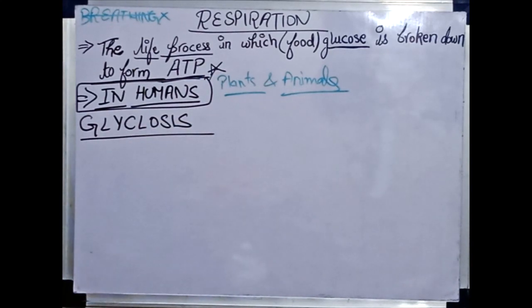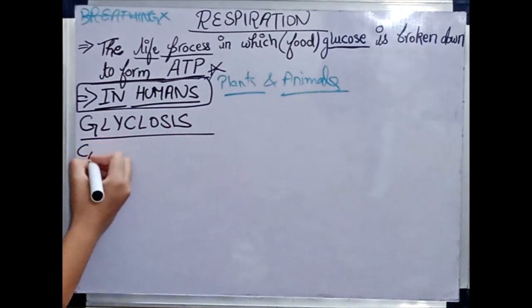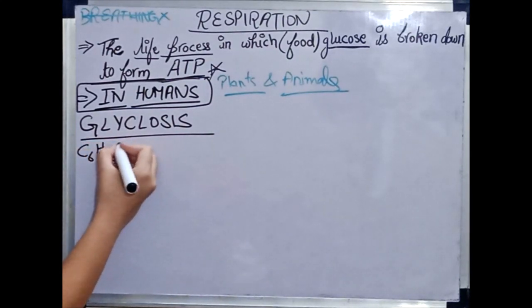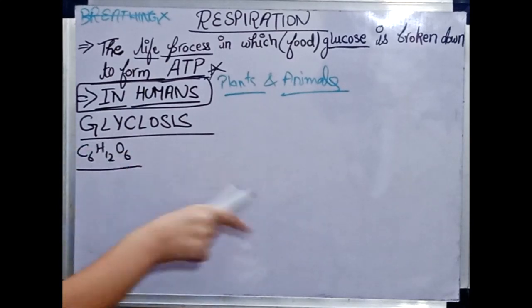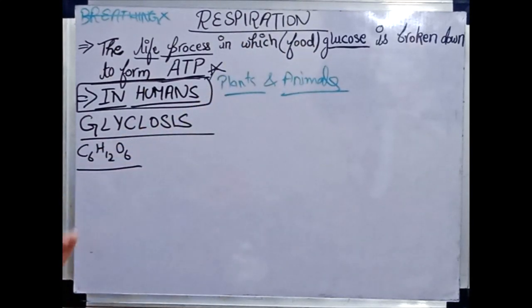What is that? C6H12O6. This is your glucose. Now what did I say here? That glucose is broken down to form ATP. We break down glucose to form ATP, and that's absolutely right.